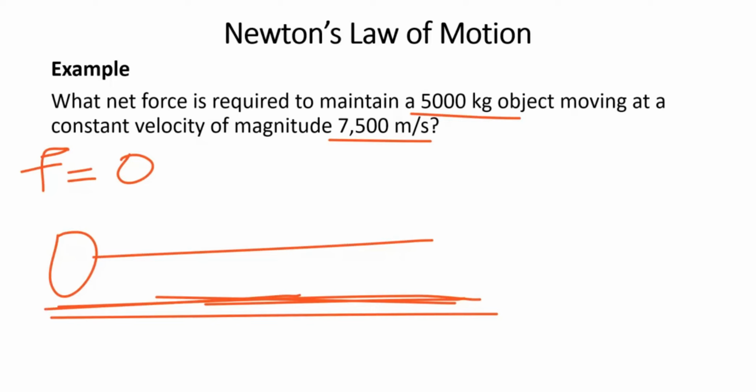Since here there is no change in velocity, the velocity is constant. And when you remember when its velocity is constant, acceleration is zero, right? So in that case, the force is equal to what? 0.